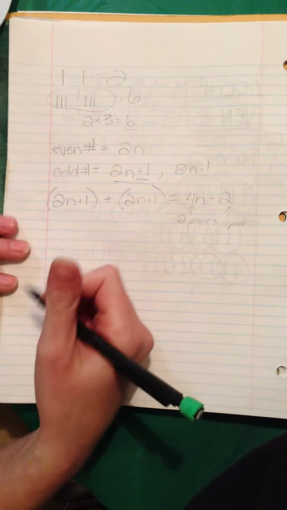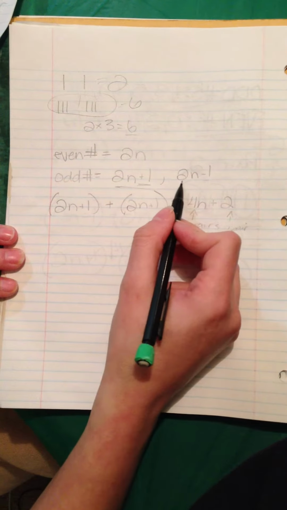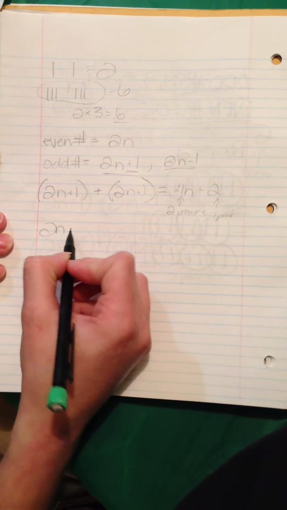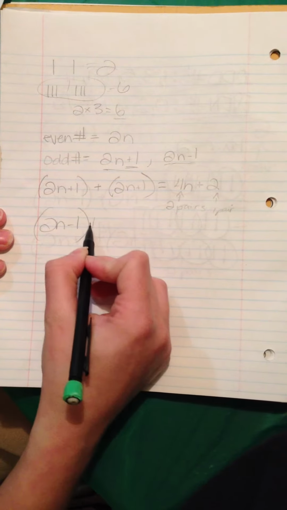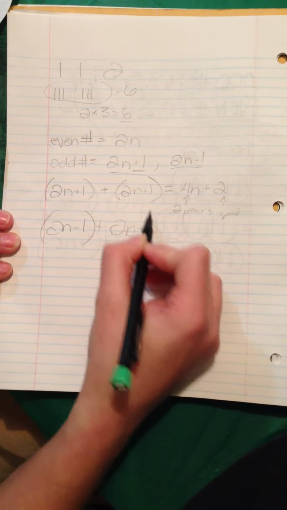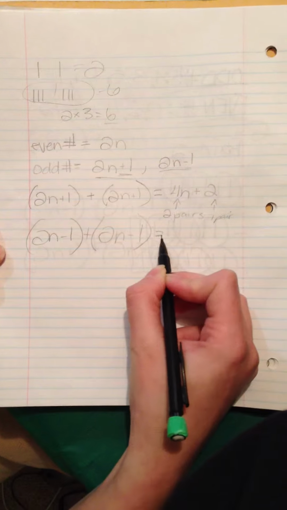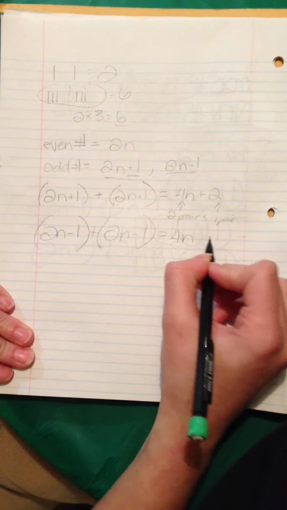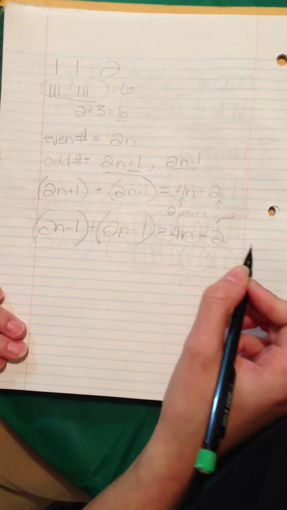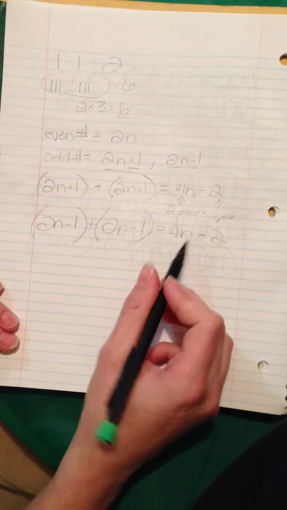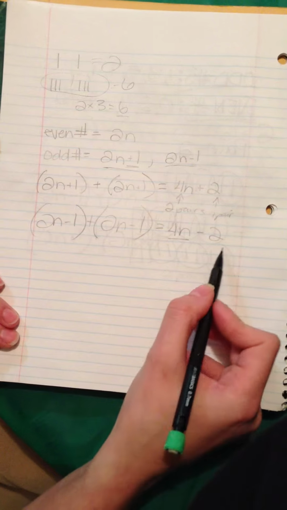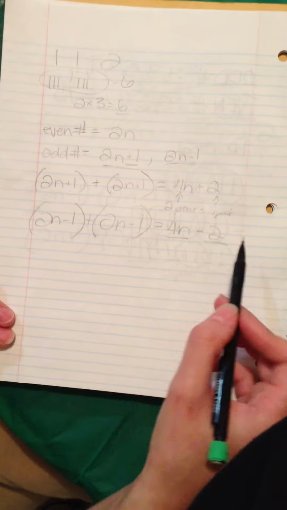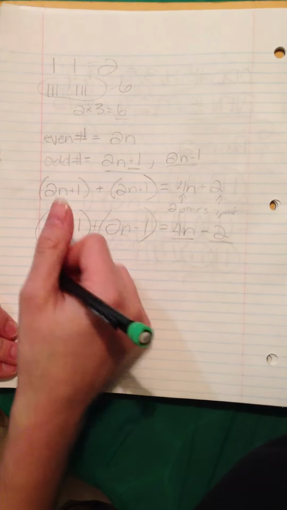No leftovers. Let's try 2n minus 1 plus 2n minus 1. Here we get 4n minus 2. Same situation. 4 gives you 2 pairs, 2 gives you 1 pair, and nothing left over.